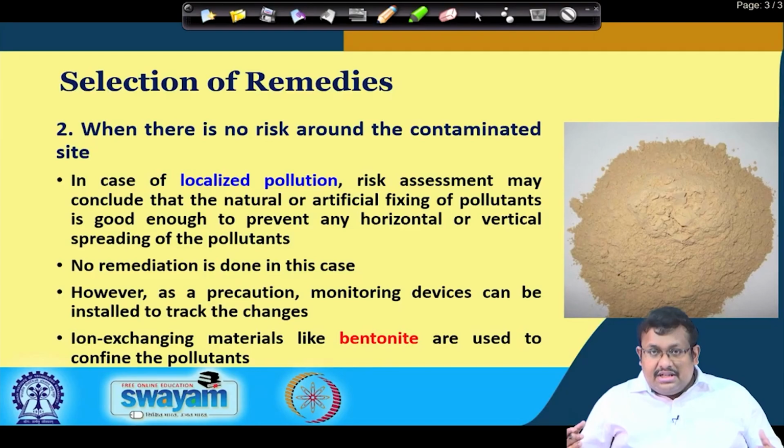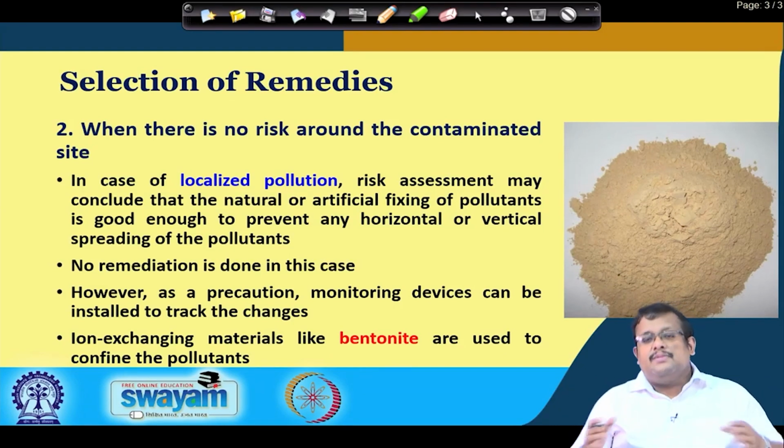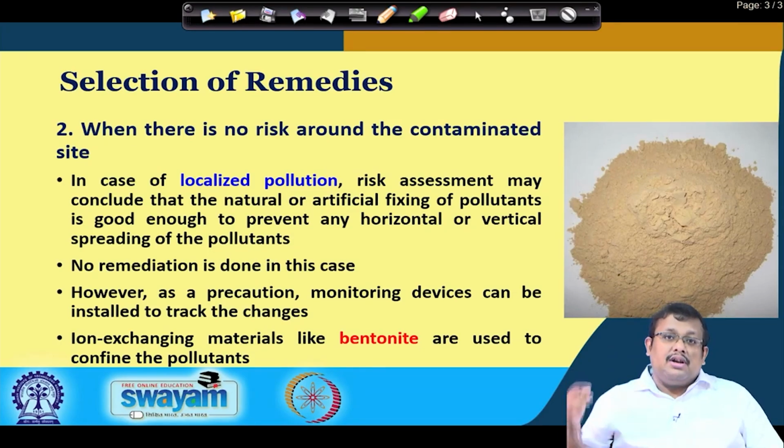So, if whatever measures we are taking in the localized pollution are sufficient to contain the spreading of the pollutants vertically and horizontally, then no remediation is done in that case. However, as a precaution, monitoring devices can be installed to track the changes, whether there is any spreading in the vertical or horizontal direction.